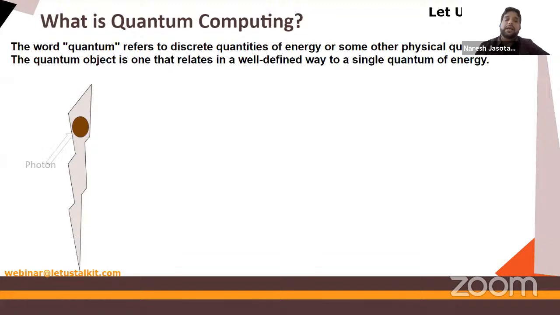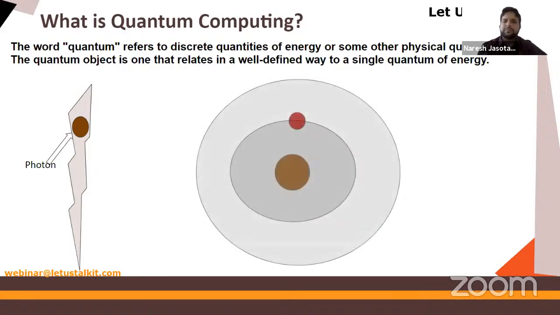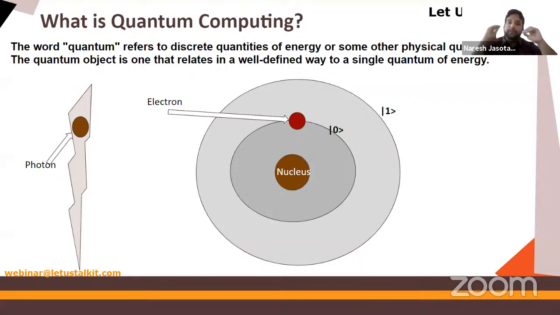Let's take a look at a photon. A photon travels, and it requires energy to travel. The finite amount of energy required for a photon to travel is a quantum of energy. Let's look at an example of a nucleus and an electron. Let's assume that this is the lower orbit, orbit 0, and the outer is orbit number 1.